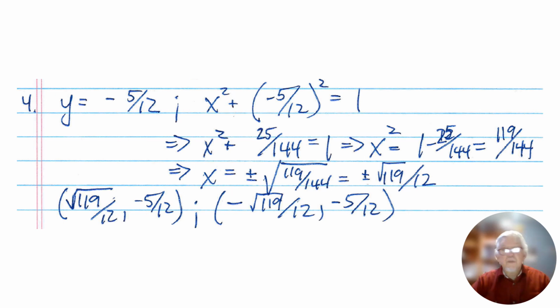Square, subtract, combine, square root, plus or minus. And the 119 is prime, so boom, there you go. There are the 2 points. Yeah, so y is below the x-axis, and then there's a point on the right and on the left of the y-axis.